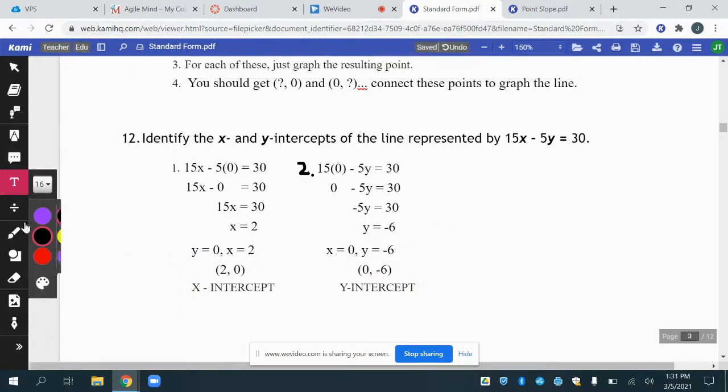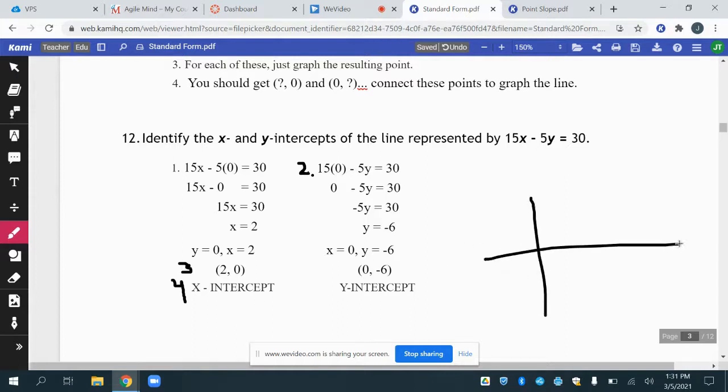All right, so just so you understand, this is step 3, and 4. So for graphing, I graph the point 2, 0 right here, and 0, negative 6 right here. I'd have a line.